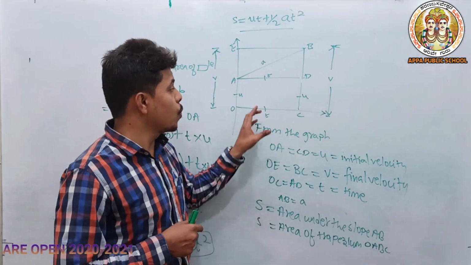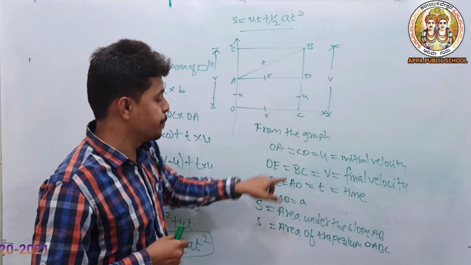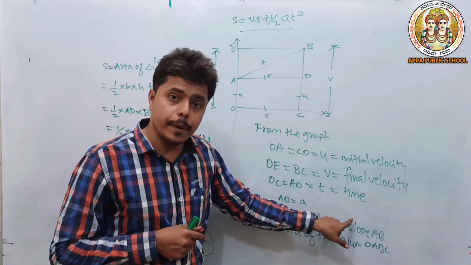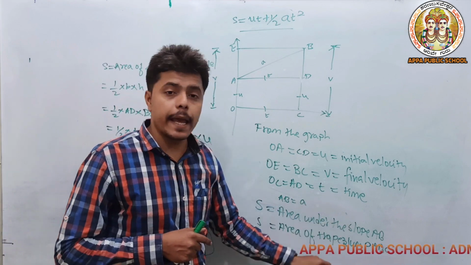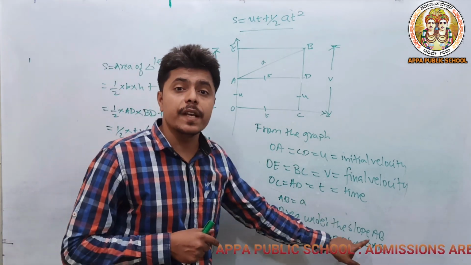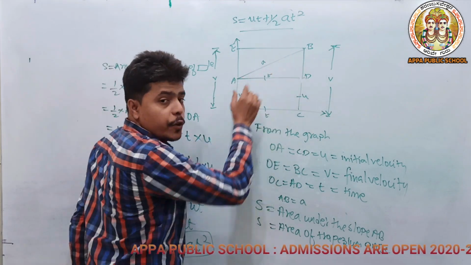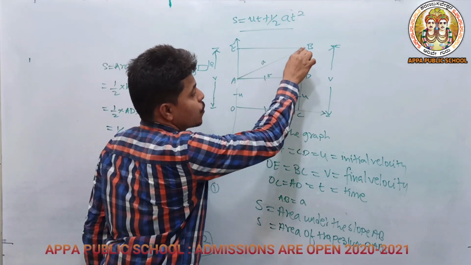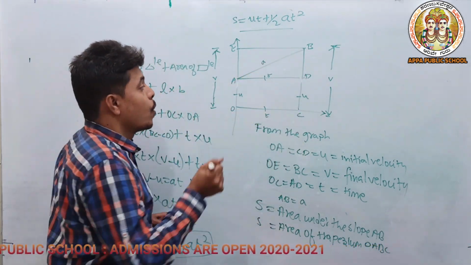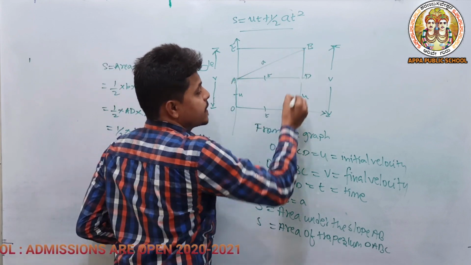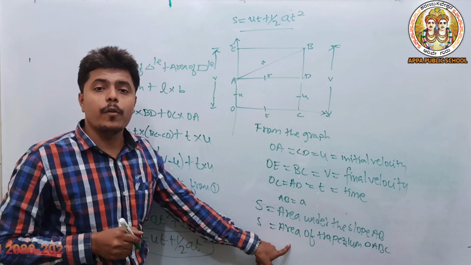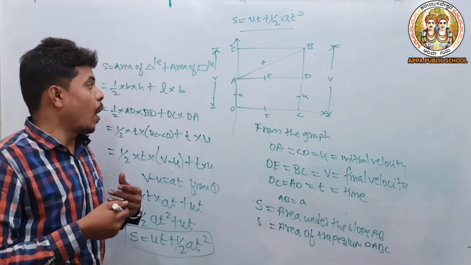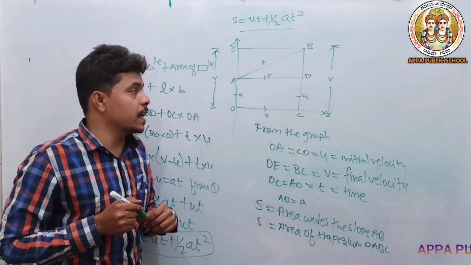So we come to know the area under the slope AB. S is equal to the area under the graph AB, that is, S is equal to the area of trapezium OABC. Under this slope you can see one trapezium. Now we can see one triangle and one rectangle.